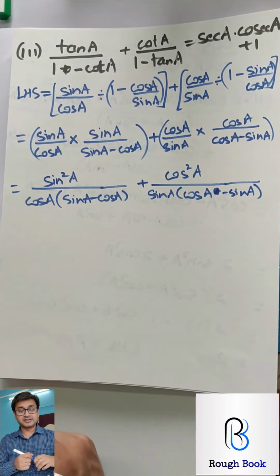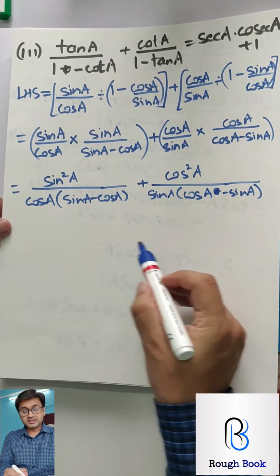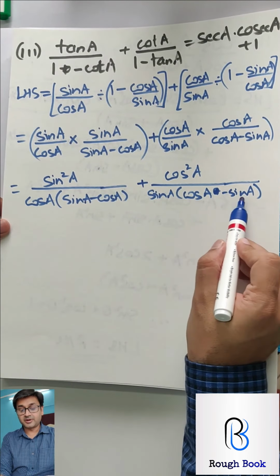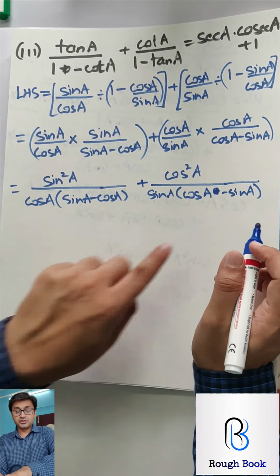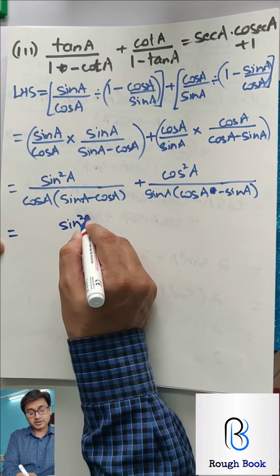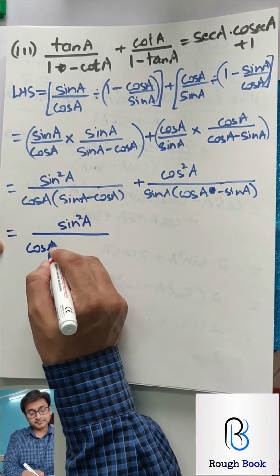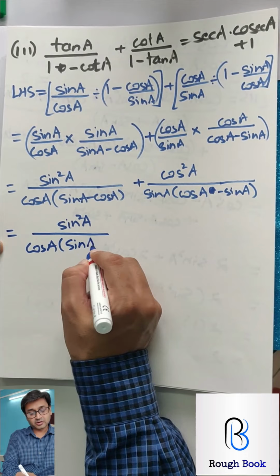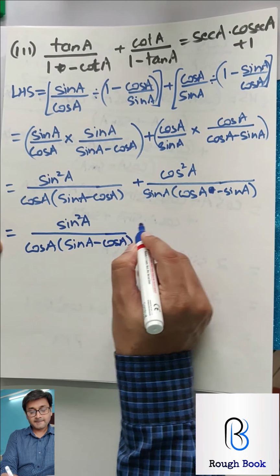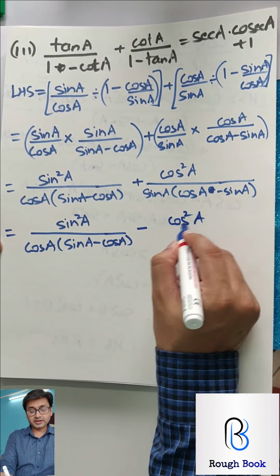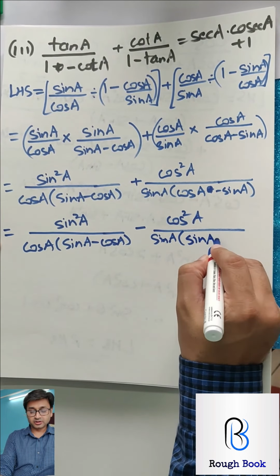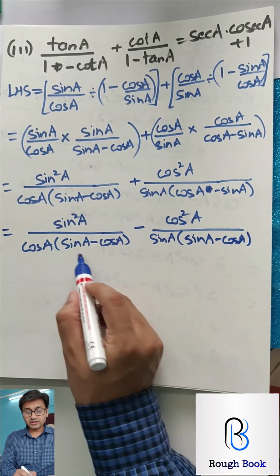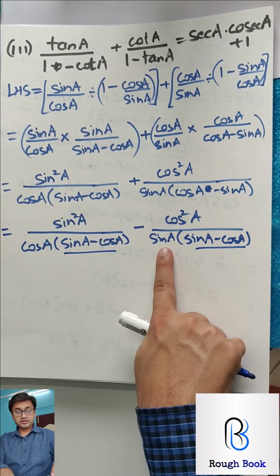You can see this is sin a minus cos a and cos a minus sin a. Just now in one of the sums we understood, if you want to flip this, change the sign. So let's change. I will get sin square a upon cos a into sin a minus cos a, minus cos square a upon sin a into sin a minus cos a. By doing this, at least this part matched, only these two are different.